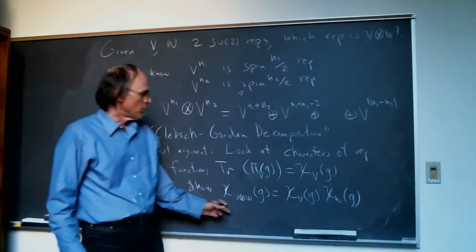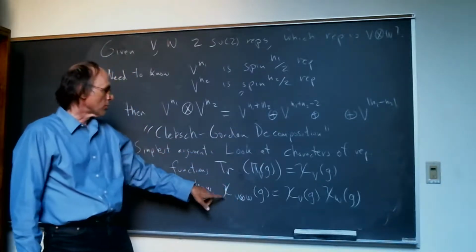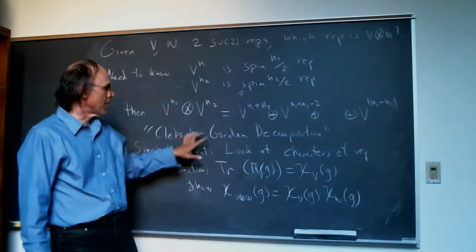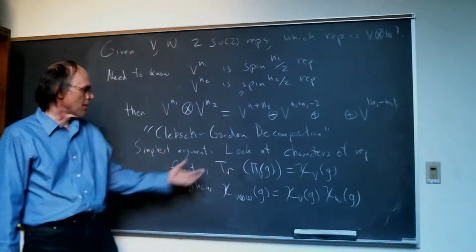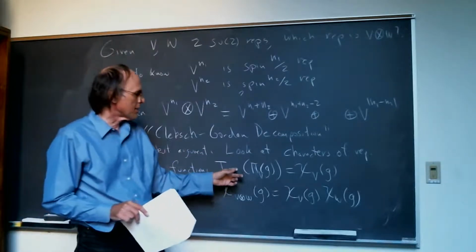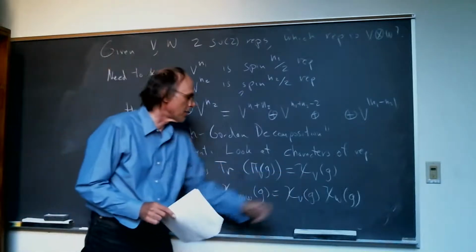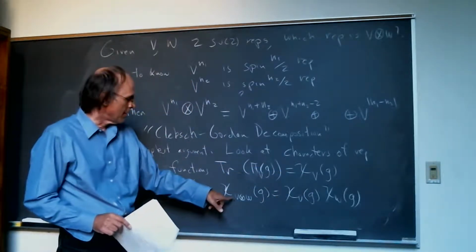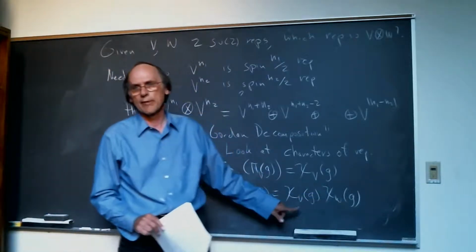So one way to understand how this Clebsch-Gordan thing works is to look at these functions which characterize the representations, these so-called characters, and then the tensor product representation in terms of characters has this very simple behavior.